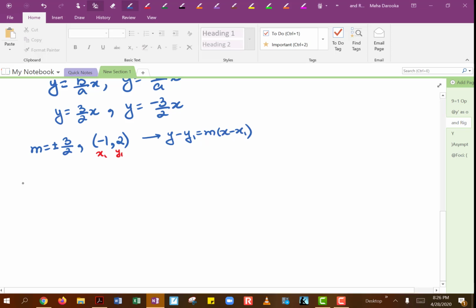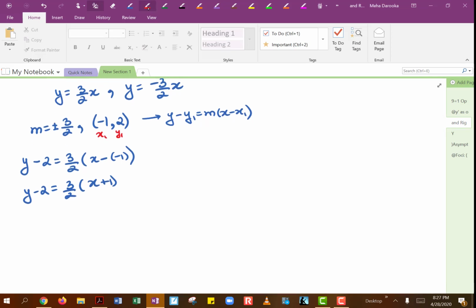So you would have y minus 2 equals positive 3/2 times (x minus negative 1). And of course that ends up becoming x plus 1 inside the parentheses. Then distribute that 3/2 inside the parentheses. You get y minus 2 equals 3/2 x plus 3/2 times 1, which is 3/2.